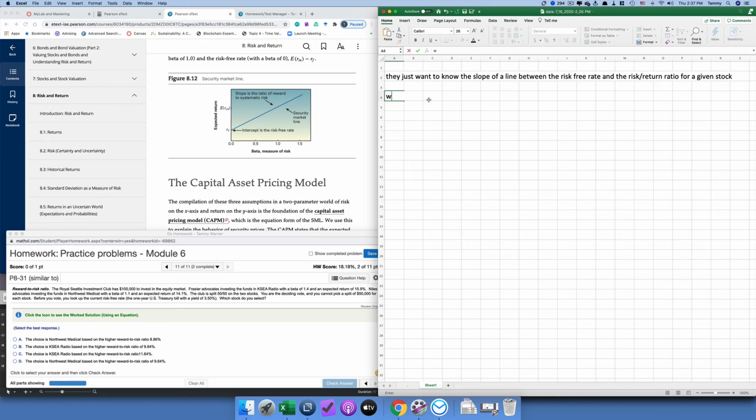We want the slope of a line where beta is the change in x, right? So the denominator of the slope equation.